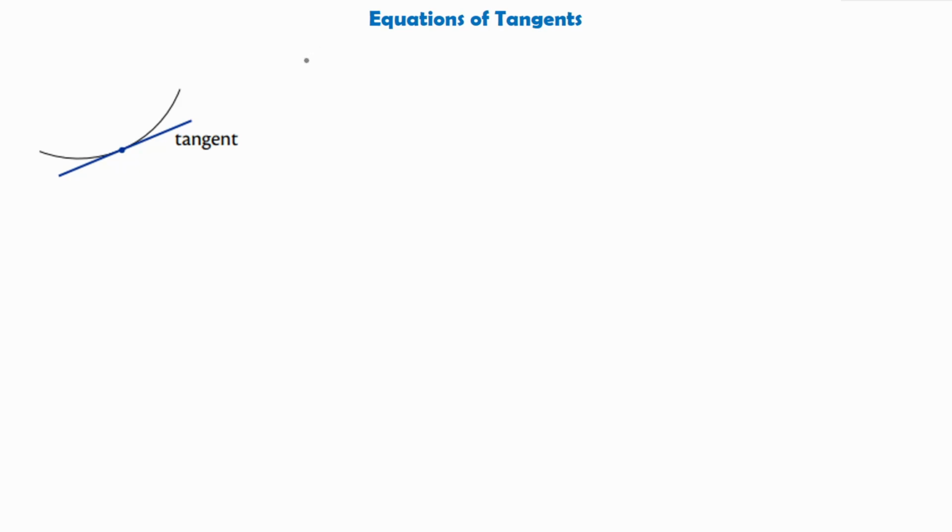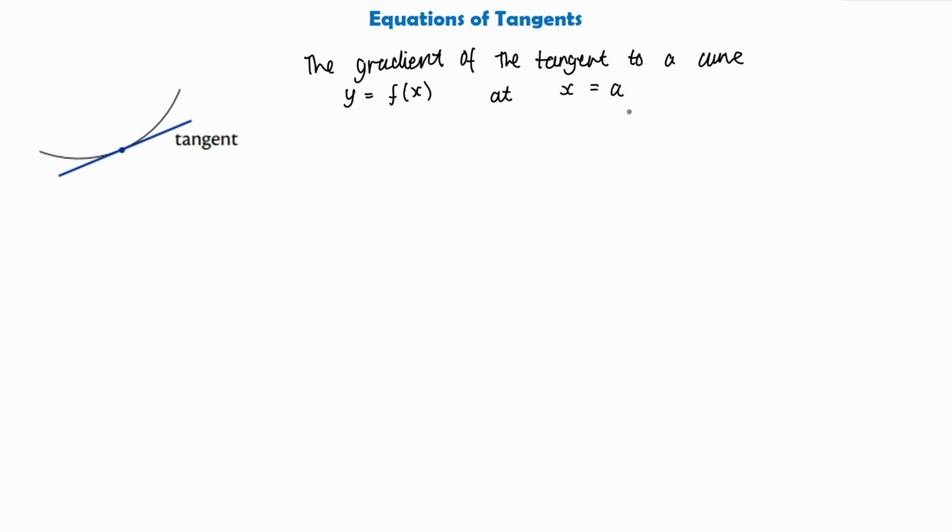So we'll say the gradient of the tangent to a curve, and we'll call the equation of the curve y equals some function f of x. We would say at the point x equals a.